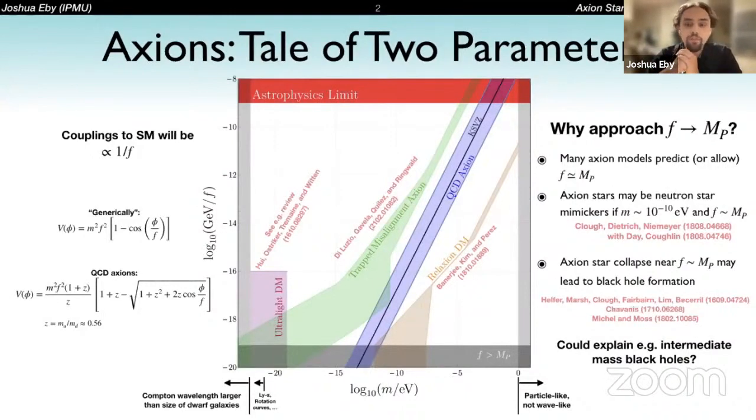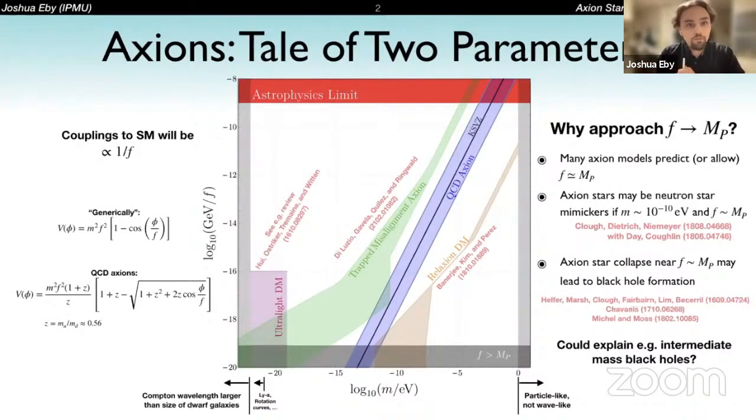Secondly, there have been a number of papers, including from people in this virtual room, suggesting that when axion stars collapse, if they have nearly Planck scale decay constants, then they can collapse directly to black holes, which is an unusual thing for axion stars. As I'll explain later, the typical process for axion star collapse is to collapse and explode in a burst of relativistic axions.